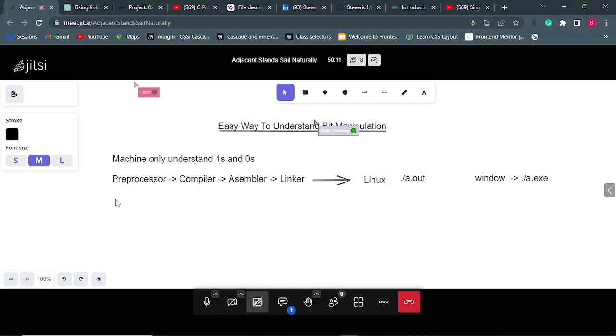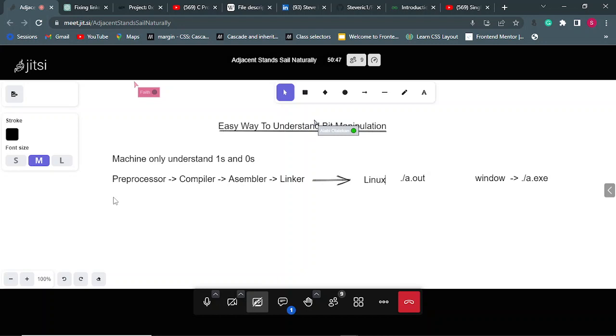Now when you write your program, I'm done writing my program the way I understand it. The first stage your program will go through is the preprocessor stage. The preprocessor scans through your code and checks your header files, what you are trying to import, your prototypes, your main.h, your stdio.h, all those includes, and checks if everything is working fine.